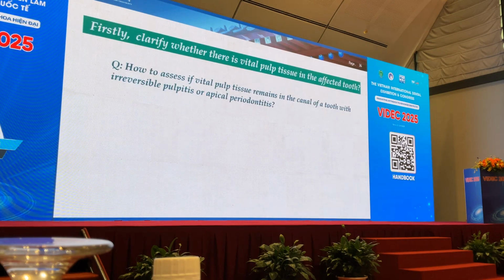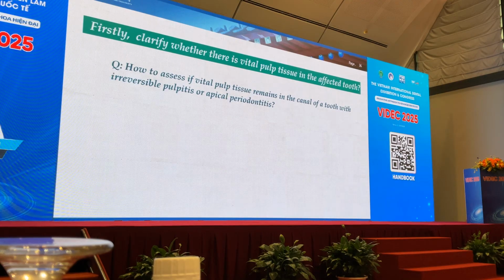So for these teeth, we should clarify. Of course, it's not that in all teeth with periapical lesions vital tissue could be found. So in the clinic, we should first clarify whether there is vital pulp tissue in the affected teeth. How to do? The same question. Actually, we have many ways to do pulp tests to evaluate the vitality of the tooth.